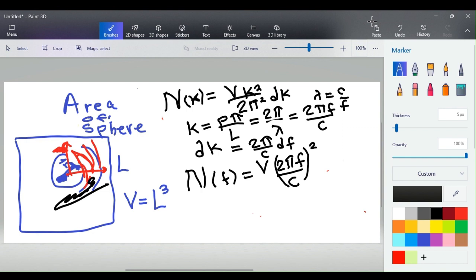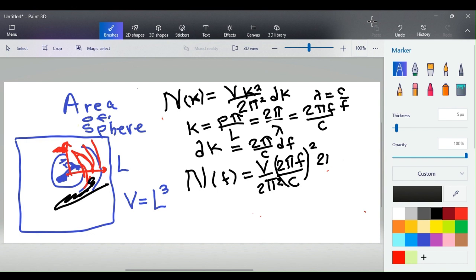I've got to still hang on to that 2 pi squared down in the denominator. And then, let's see, what's the dk? The dk is 2 pi over c df.